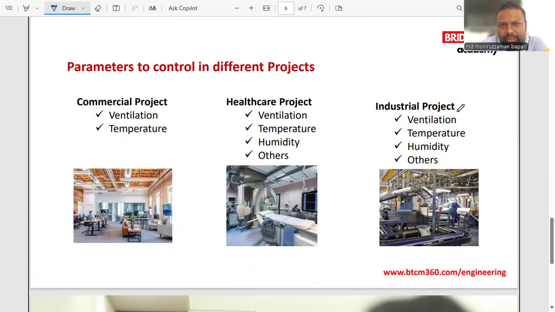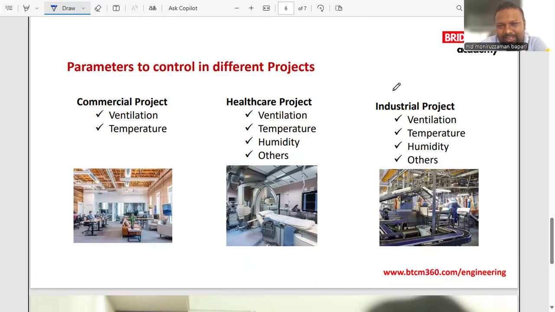Industrial projects are different from commercial and healthcare projects. In a commercial project, human comfort is the prime target that we are achieving. That's why ventilation and temperature are the major parameters in commercial projects. In a healthcare project, health safety is important. If infection goes around, it is not going to be safe for all the people involved in the facility. That's why infection control and particle control are important in healthcare projects.